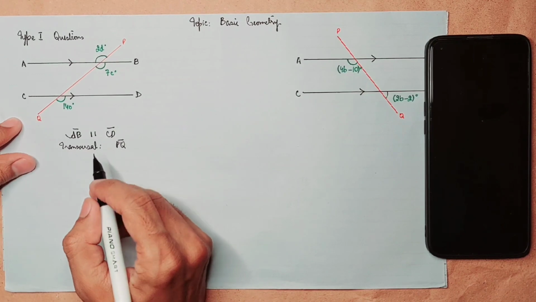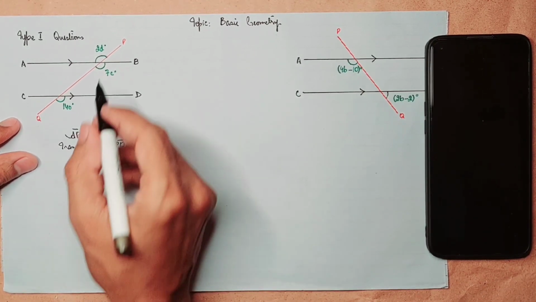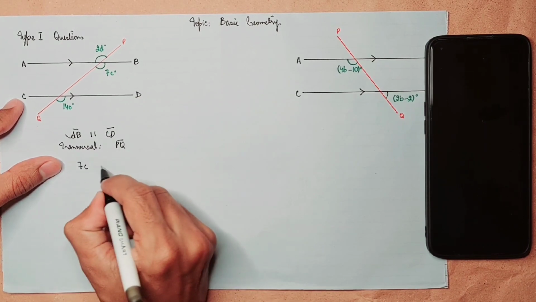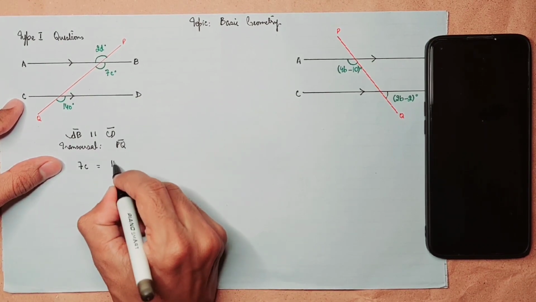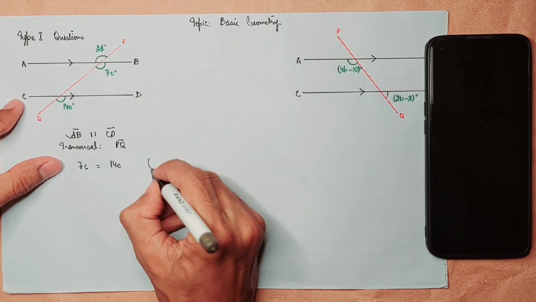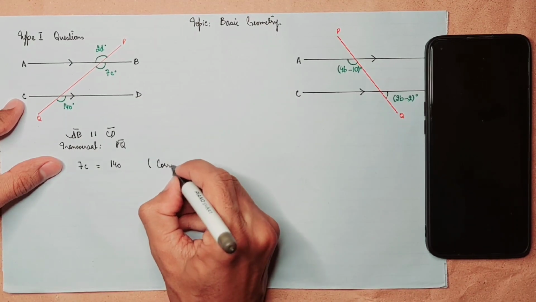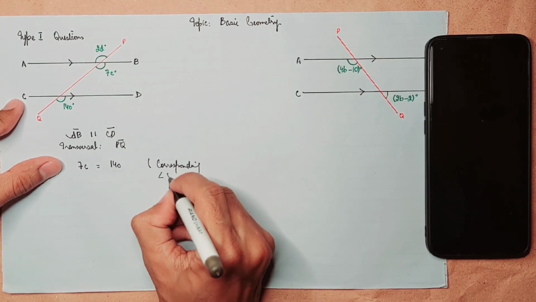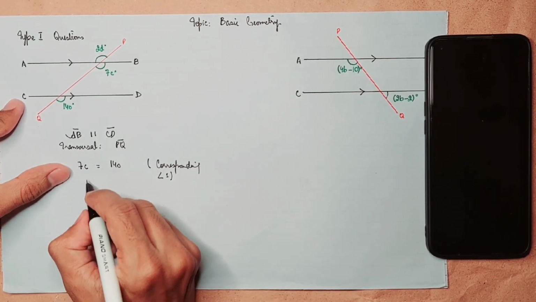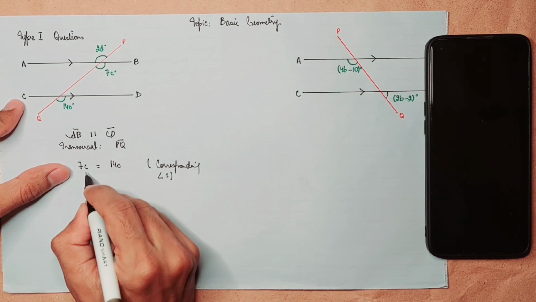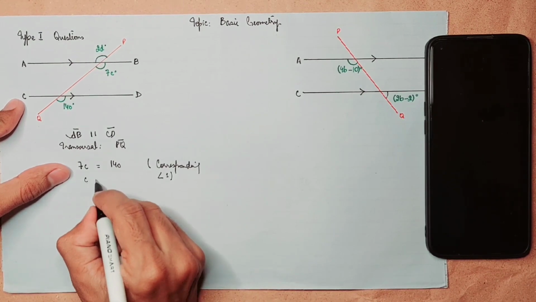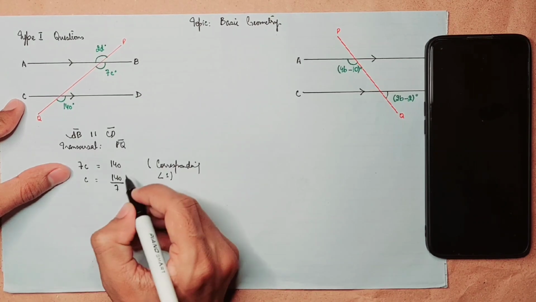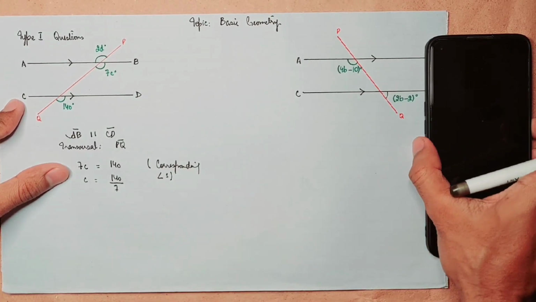As the transversal PQ intersects the pair of parallel lines, two corresponding angles are formed. Firstly is 7C, and 7C is equal to 140, and we know that this is the property of corresponding angles. So we will mention here that these are the corresponding angles. Here we can see that C is being multiplied by 7, so in the next step 140 is going to be divided by 7.